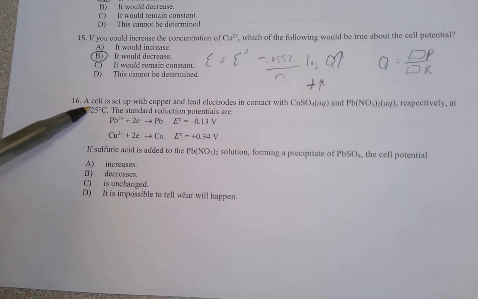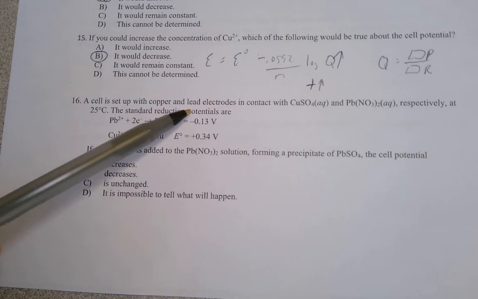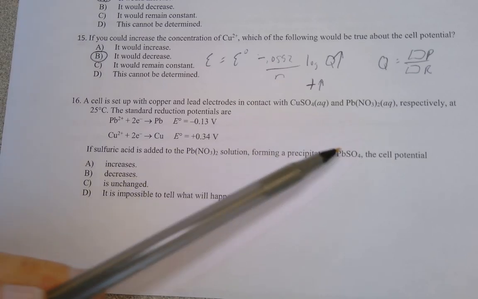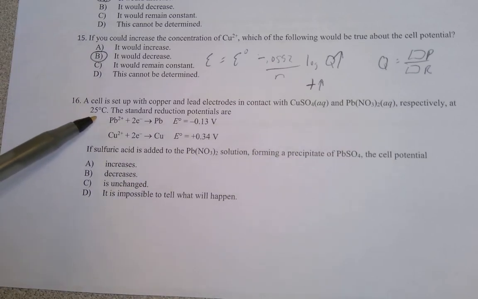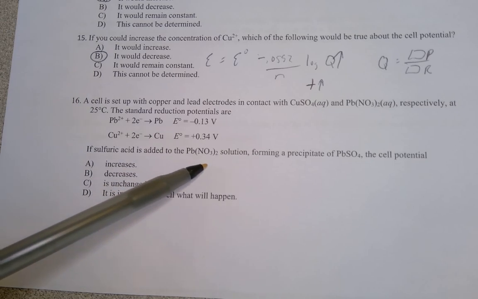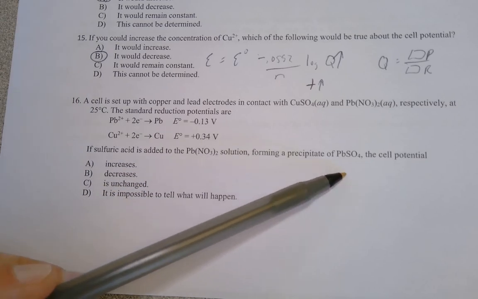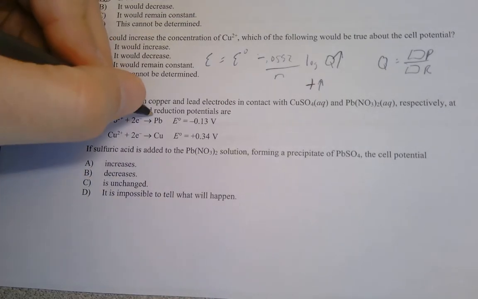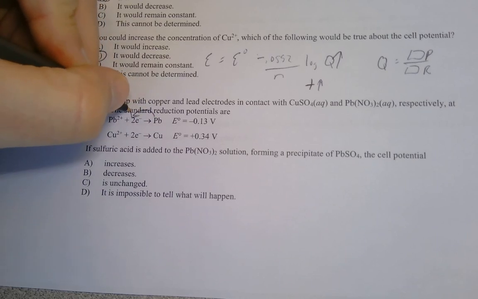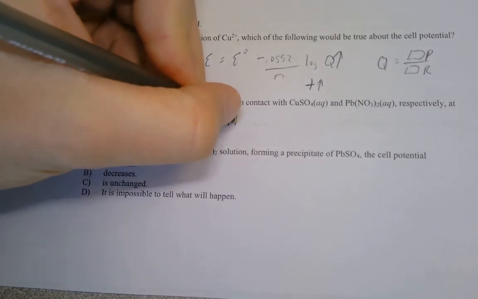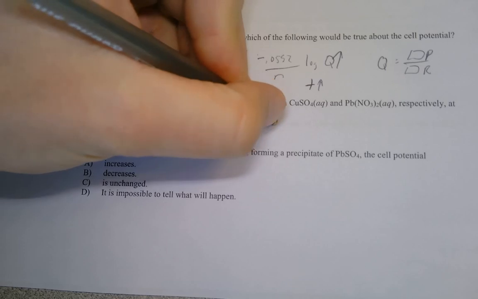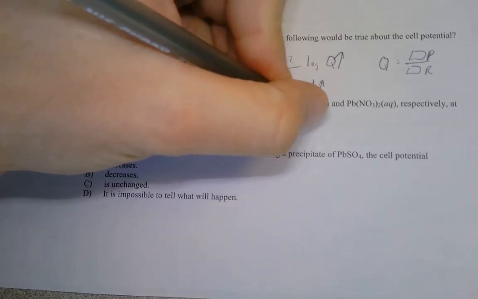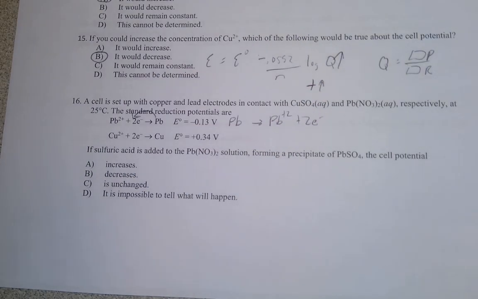Okay, a cell is set up with copper and lead electrodes in contact with copper sulfate and lead nitrate, respectively, at 25 degrees Celsius. The standard reduction potentials are there. If sulfuric acid is added to the solution, forming a precipitate of lead sulfate, the cell potential... So this is another Nernst equation, but now we're just saying what's going to happen to this. We're going to flip this around and go from lead to lead 2+ plus 2 electrons.